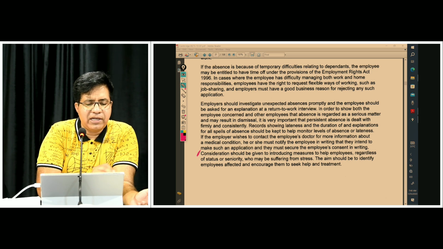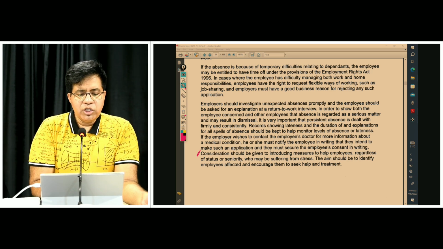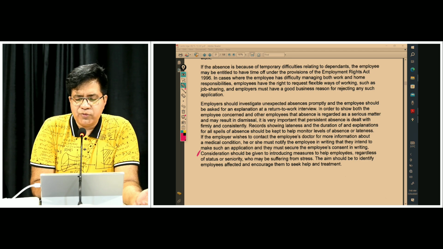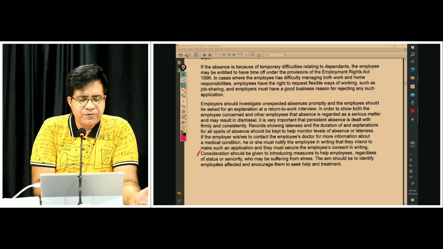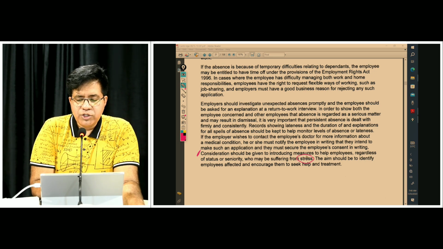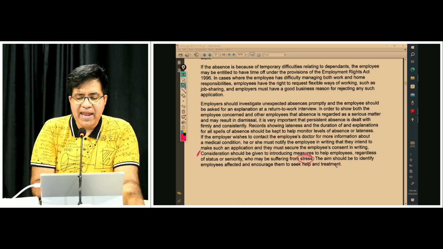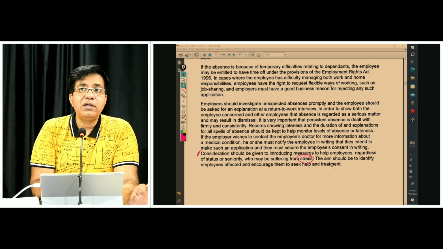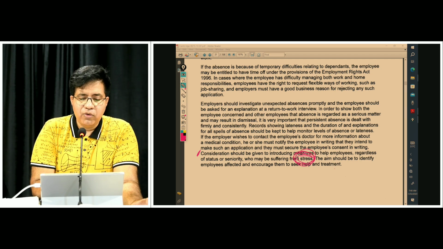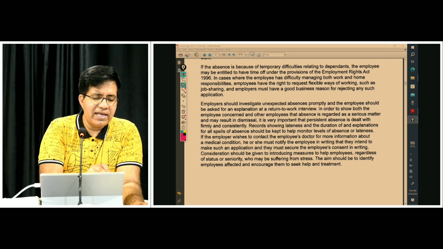Last paragraph, 3rd last line. Consideration should be given to introducing measures to help employees regardless of status or seniority who may be suffering from stress. The aim should be to identify employees affected and encourage them to seek help and treatment. Treatment of what? Stress, absolutely. So correct answer is stress. Good.